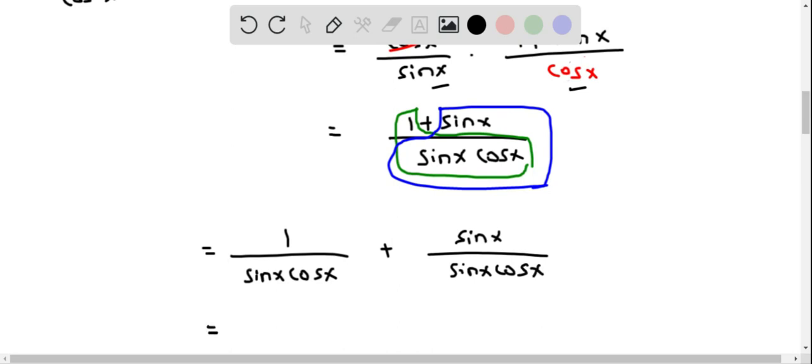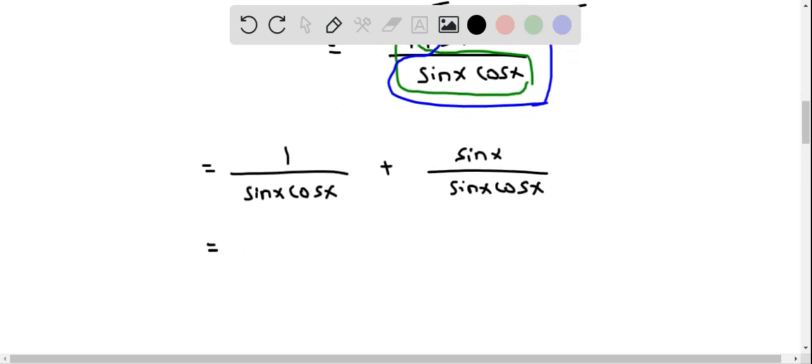Now, the first term can be written as a product of two rational functions. That is, this can be written as 1 over sine x times 1 over cosine x. And for the next term, we see that we can cancel sine x both in the numerator and the denominator.